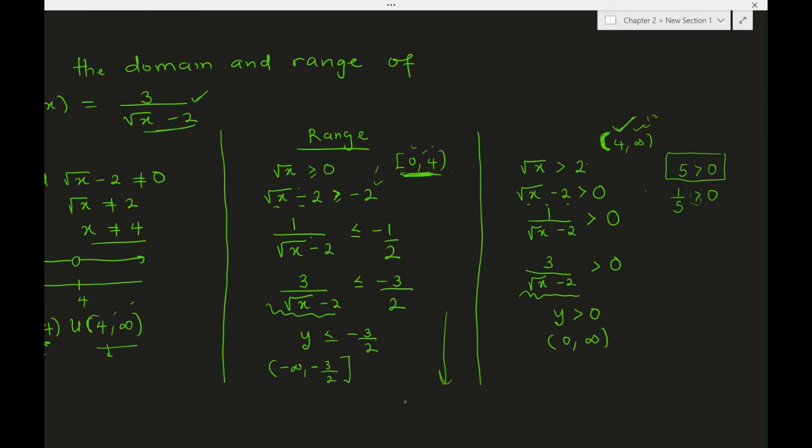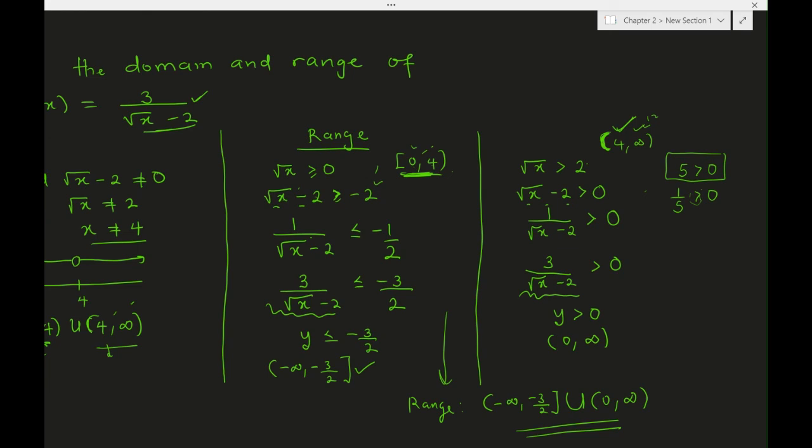So in order to finish now, we have to find the range. So our range is going to be this one. We got this first part: minus infinity to minus 3 over 2 closed, union this second part, 0 to infinity. So this is the range of this function.